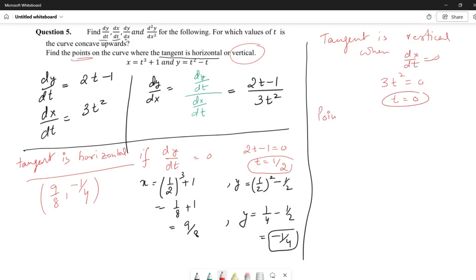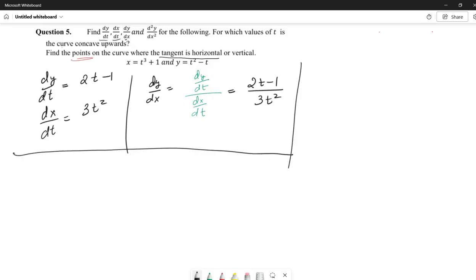Therefore, x is equal to 0 cubed plus 1, which is 1. y equals 0 minus 0, which is 0. So the point where the tangent is vertical is 1, 0. That is your answer to the second part.